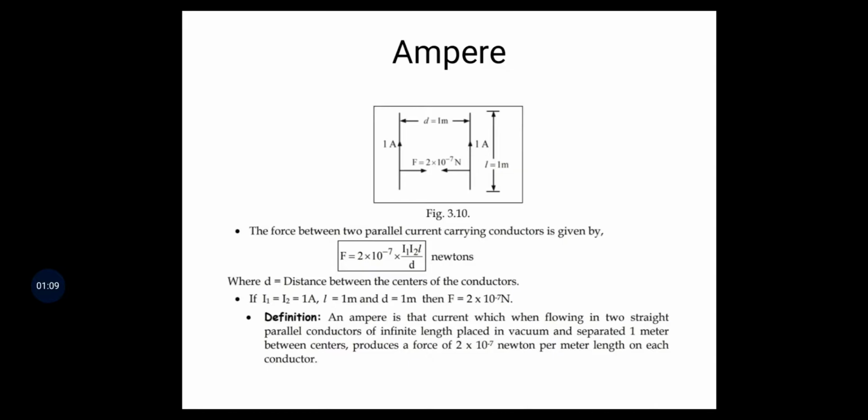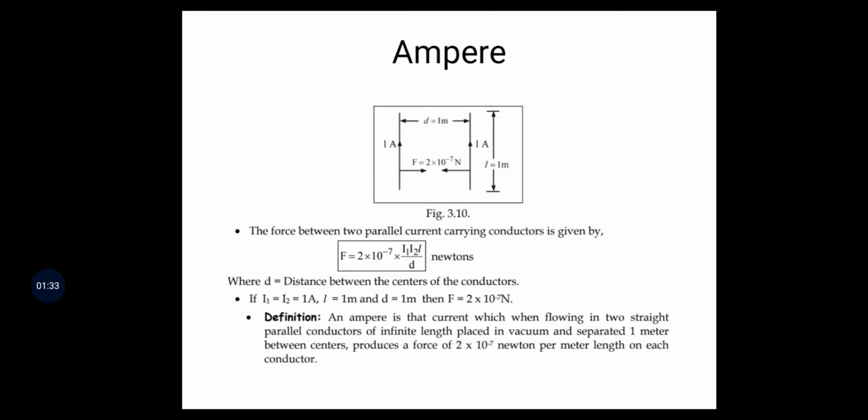So simply, if we take two conductors of infinite length and place the conductors, the distance between the conductors is 1 meter, d equal to 1 meter, and the length of the conductors L is equal to 1 meter.